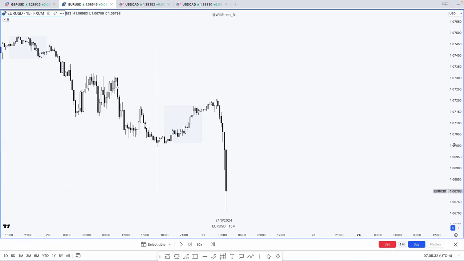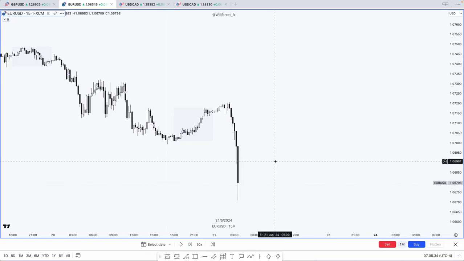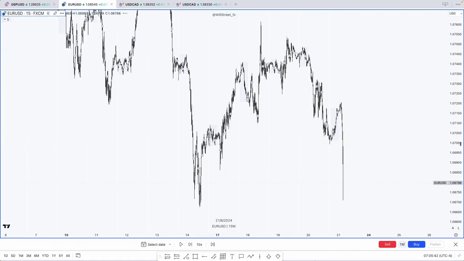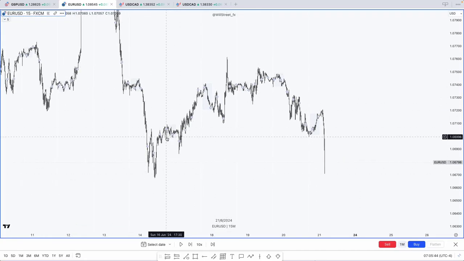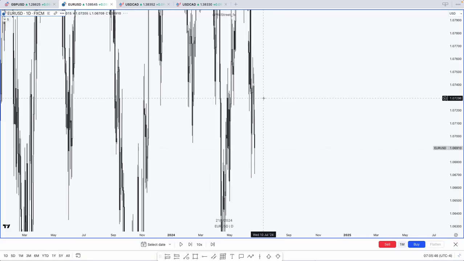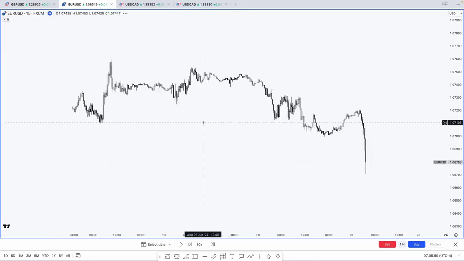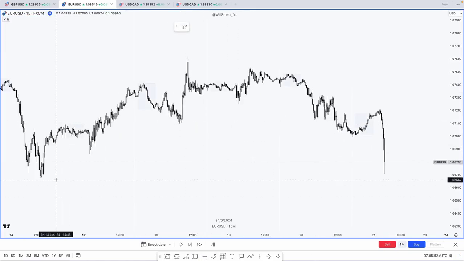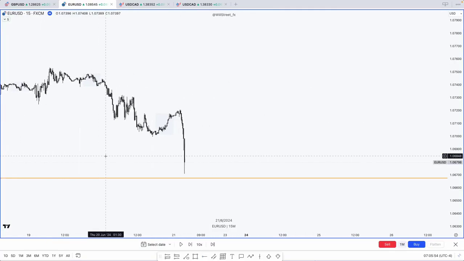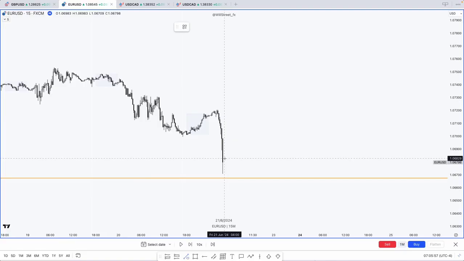It was the PMI here at 3, the Germany PMI, and look at this. This was a daily or 2 days or 3 days range here, 1 day, which on the XY was already complete. If it's complete on the correlated asset, you can think that this is complete too.